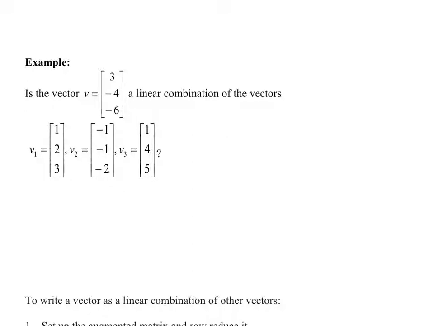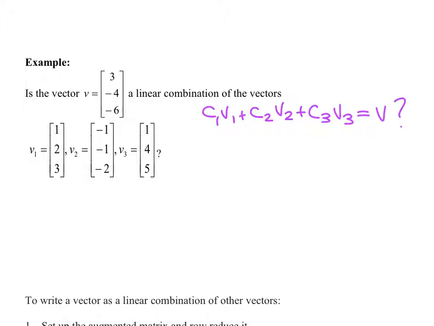So I don't really need to get to a point where I'm stating a solution as much as I have to just analyze my row reduced form and make a statement of whether it leads to a solution or not. All right. So again, C1 V1 plus C2 V2 plus C3 V3 is equal to V.